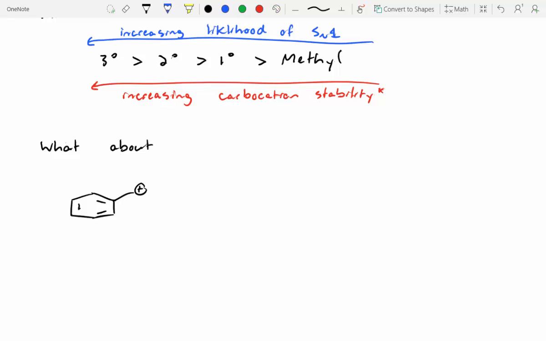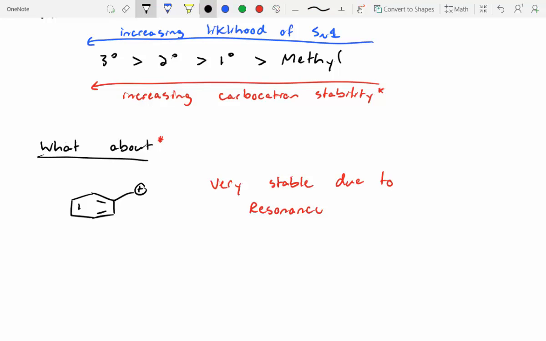In this case, it's a primary carbocation, but it's super duper stable because you can delocalize that positive charge all the way through that adjacent ring. So we can say this is very stable due to resonance. Resonance is kind of our trump card when it comes to the stability of carbocations. It's in fact more stable than a tertiary carbocation if you have resonance.